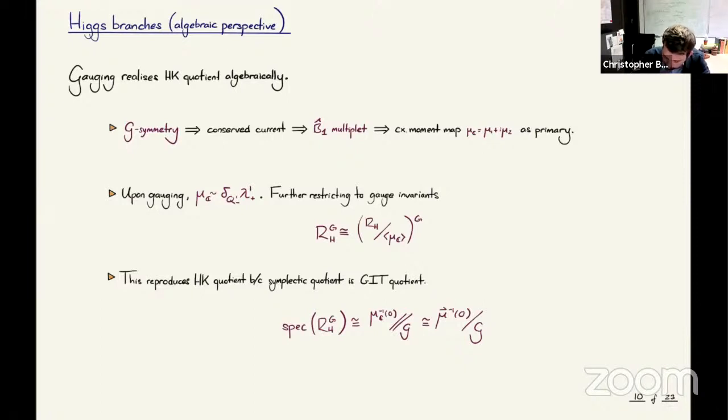So if you look at the space defined by this quotient, that's going to be the same thing as the symplectic quotient of the zeros of the complex moment map, which we reviewed above, which is the same thing as the full hyperkähler quotient. So you sort of rediscover a little bit of geometric invariant theory from a physics point of view when you do this exercise.